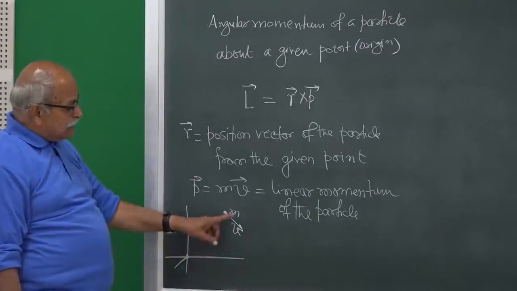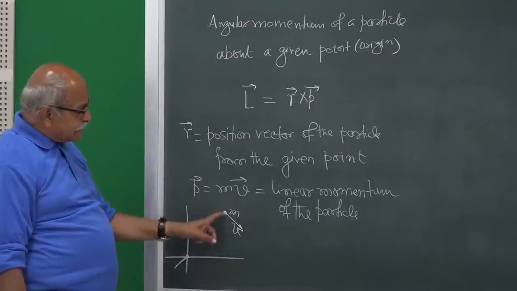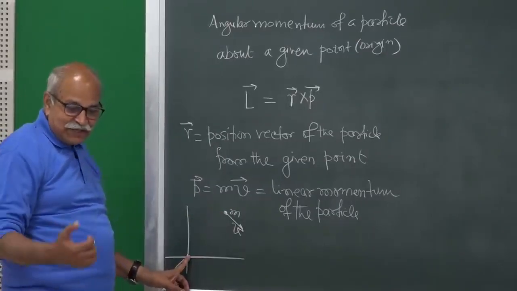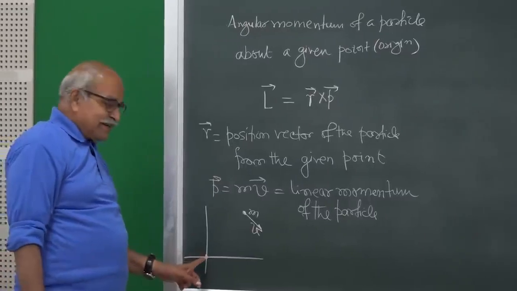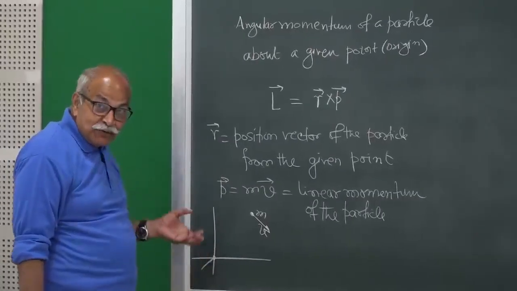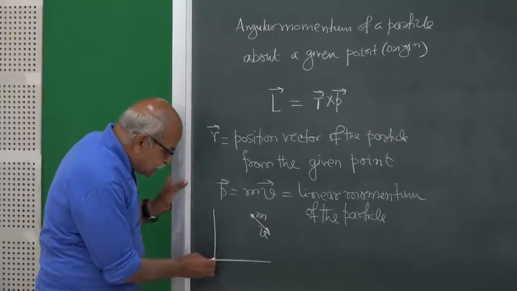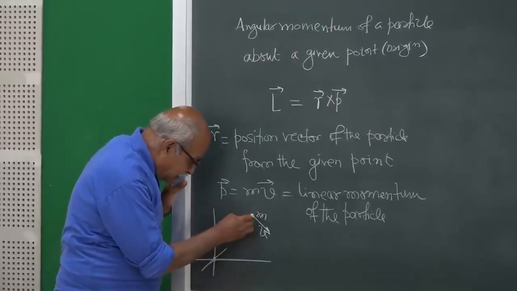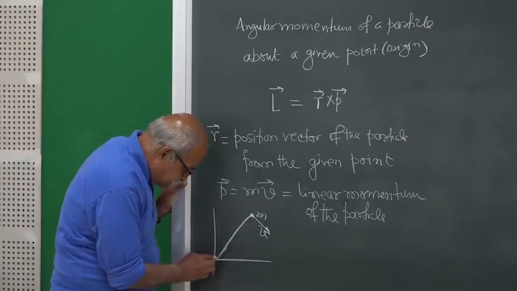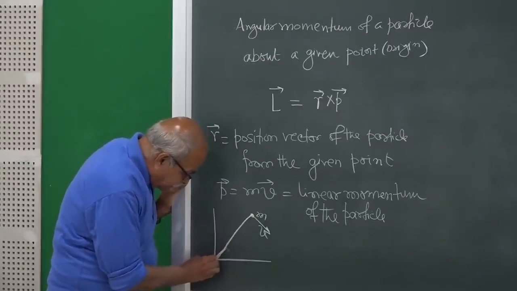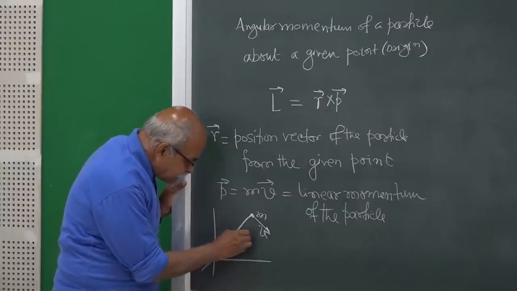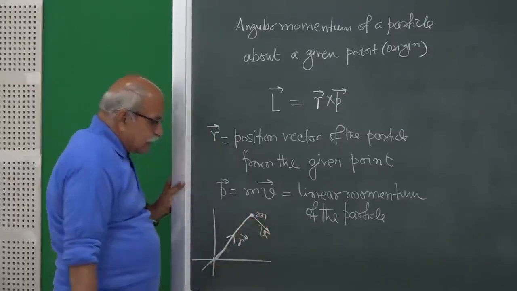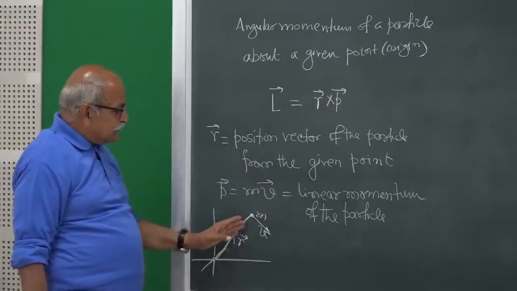The angular momentum of this particle at this instant about this point, and always whenever there is an angular momentum, about which point should be known, is found as follows: from this origin you join that particle, call that vector r, construct this mass times velocity here, and then take the cross product of these two.